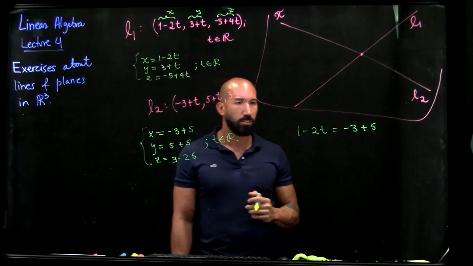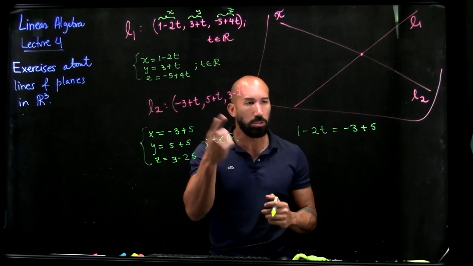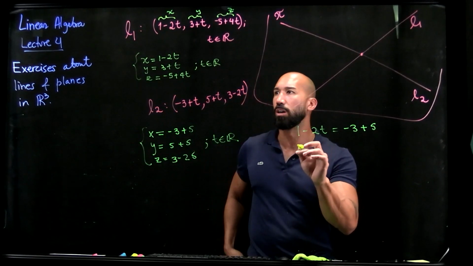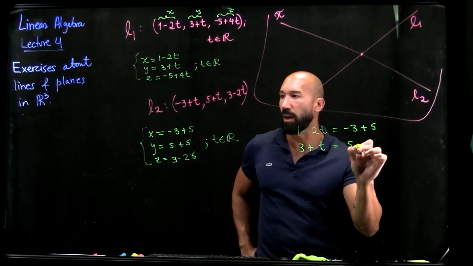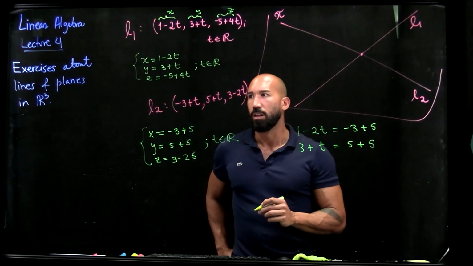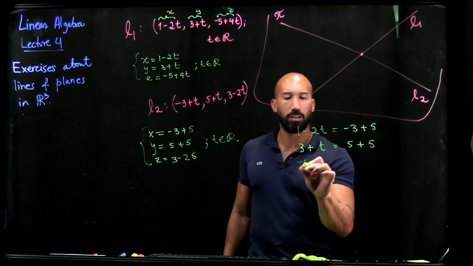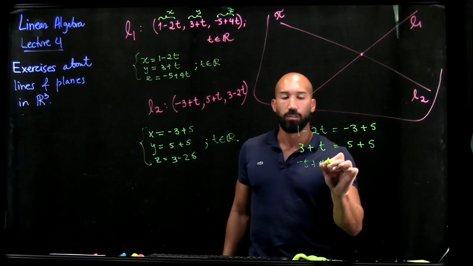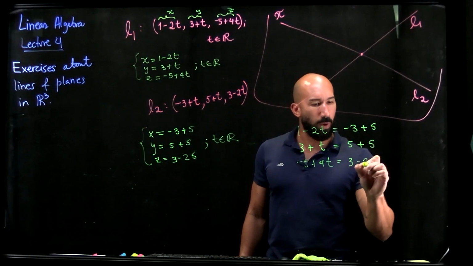Okay? But if y is equal to this and y is equal to this, so I'm going to get 3 plus t needs to be equal to 5 plus s. And if z is equal to this and z is equal to this, I'm going to get that minus 5 plus 4t is equal to 3 minus 2s.